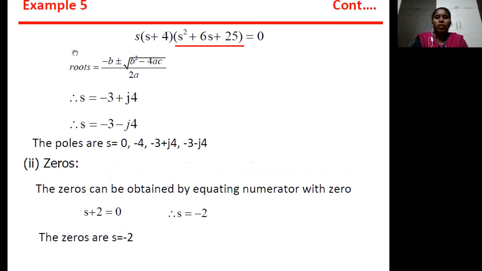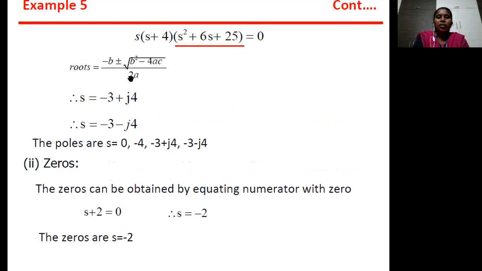What is the formula? Minus b plus or minus root b square minus 4ac by 2a. By substituting the b value as 6, a value as 1 and c value as 25, I can obtain the s values as minus 3 plus or minus j4.